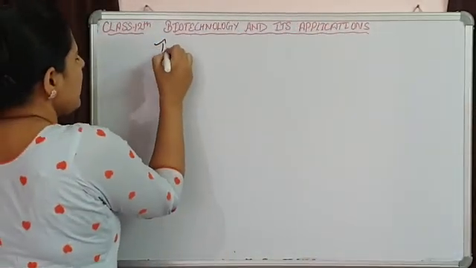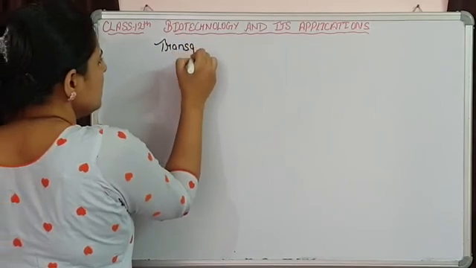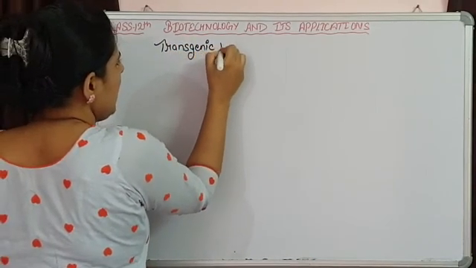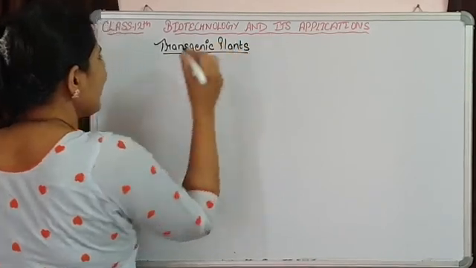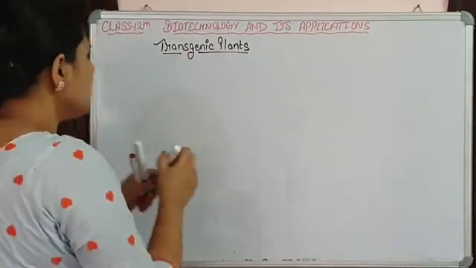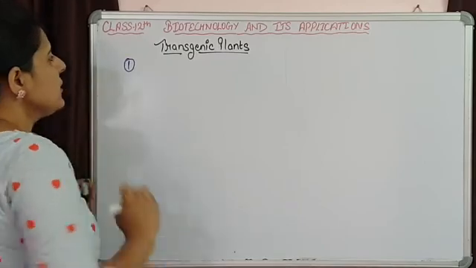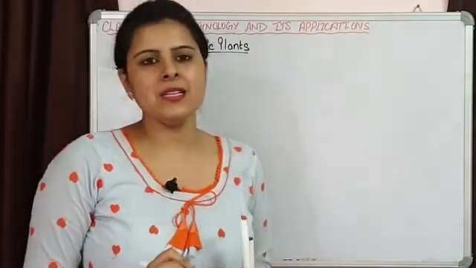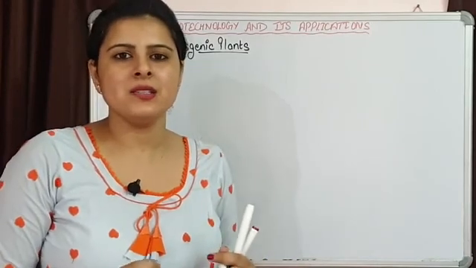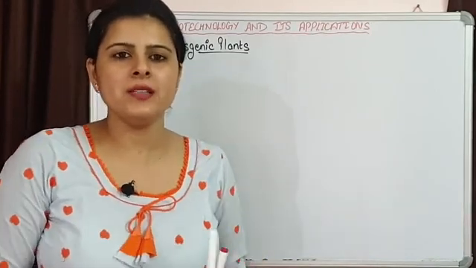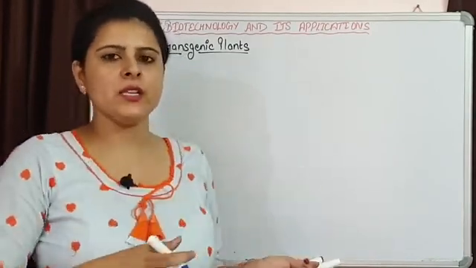So, let us talk about transgenic plants. What different types of characteristics can we introduce in a transgenic plant? The first thing is we can make these transgenic plants disease resistant, like viral diseases, fungal or bacterial diseases that are affecting the plants.